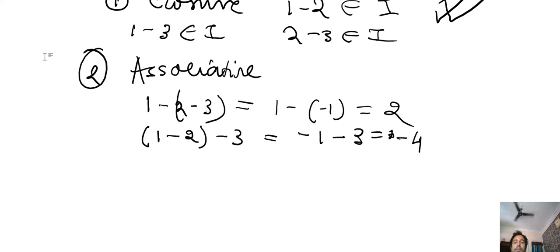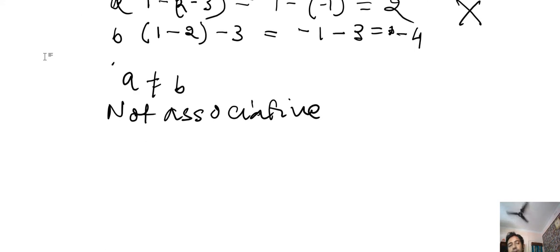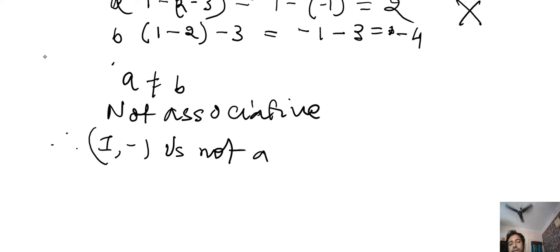But 1 minus within parentheses 2 minus 3 is 1 minus minus 1, which is 2. So A is not equal to B, hence it is not associative. Thus, it is not a semigroup.